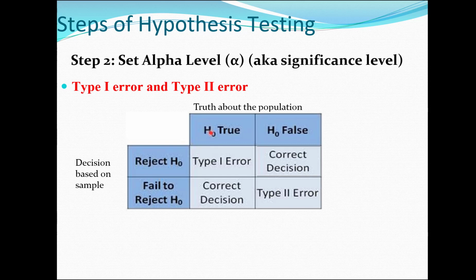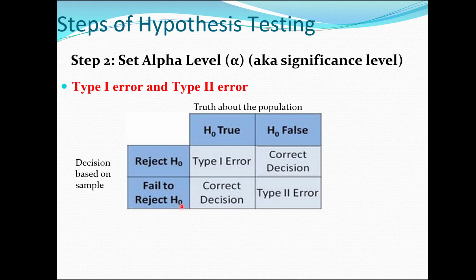So if the truth is the null hypothesis is true, what will be your correct decision? Are you going to reject it or retain it? Yes. If your null hypothesis is true, the correct decision is to fail to reject it.